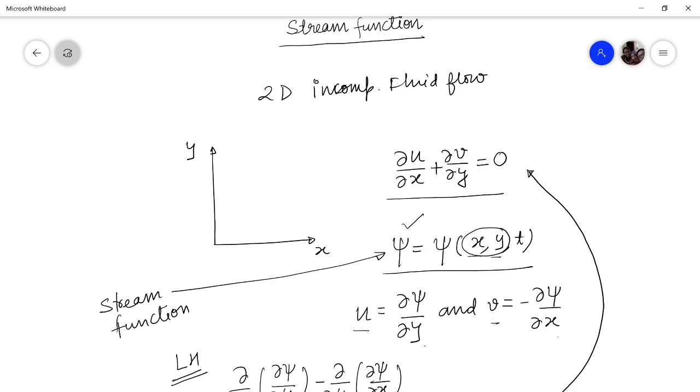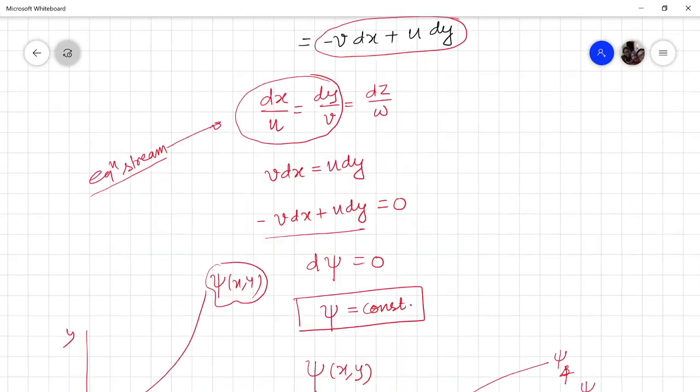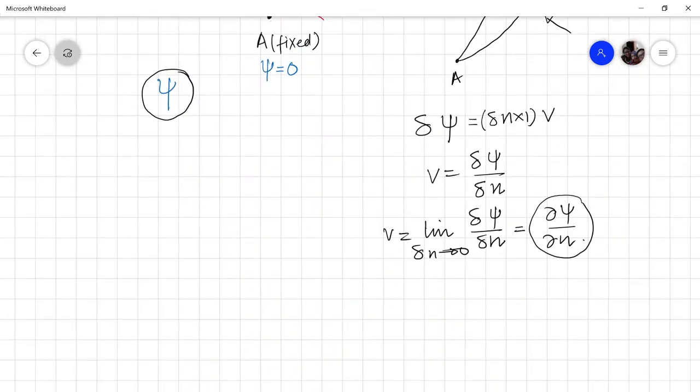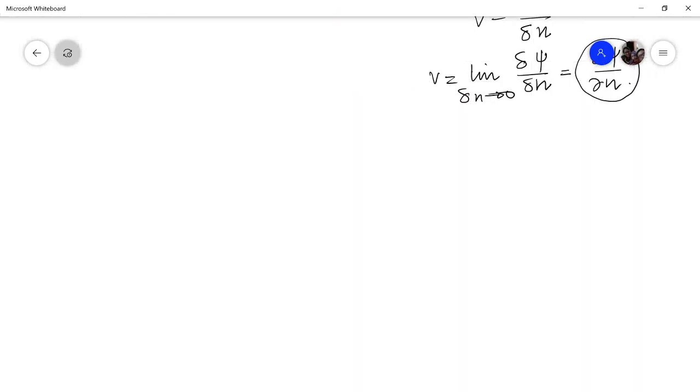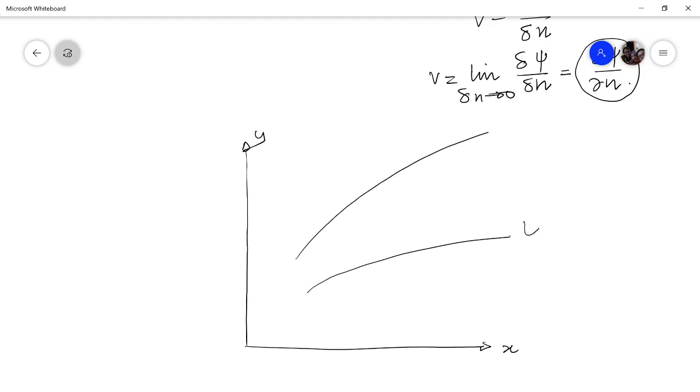Now this concept can be used to find out discharge between two streamlines. So how? Let us understand that. Let us consider in this two-dimensional flow field two streamlines, let us say psi 1 and psi 2.